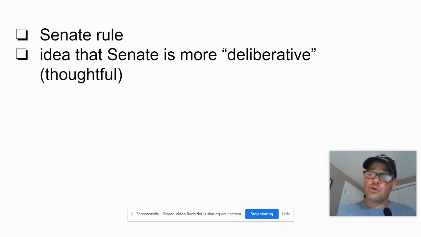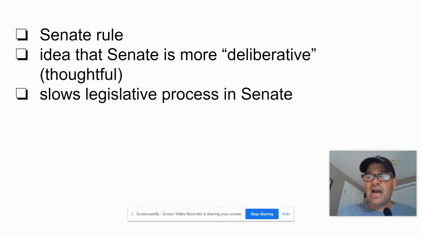All right. And there's some truth to that. There's the old saying that House bills go on to the Senate in order to die. And so the unlimited debate in the Senate slows down the legislative process. It makes it kind of simmer a little bit. The House, it's like light it on fire and let's do it right now.